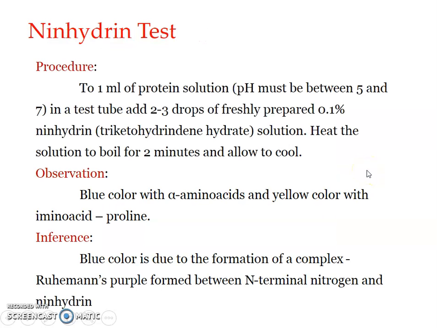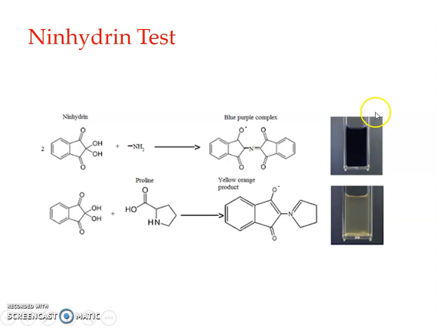This is the last one, the Ninhydrin test, which we have already mentioned, but we'll see how it looks. This is how ninhydrin gives coloration when it is added to any amino-containing compounds. It develops a blue-purple color.